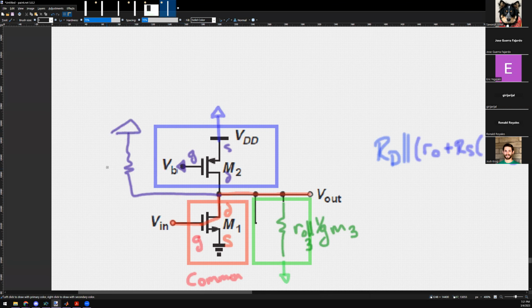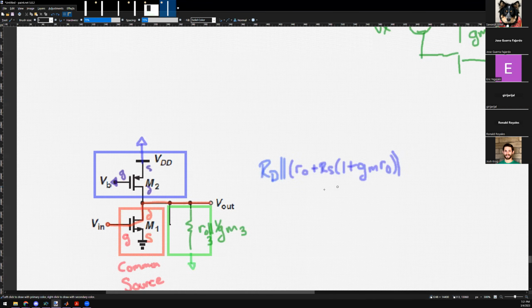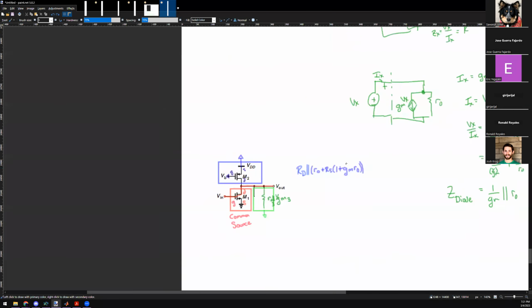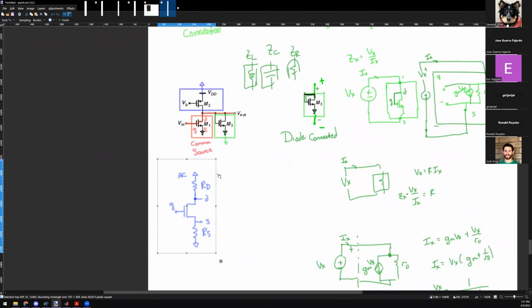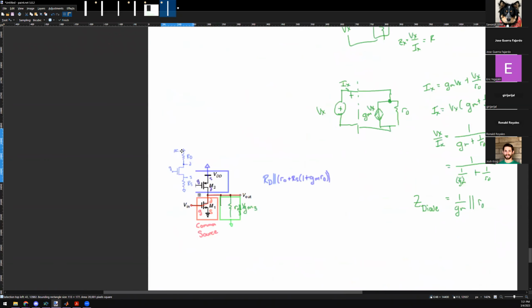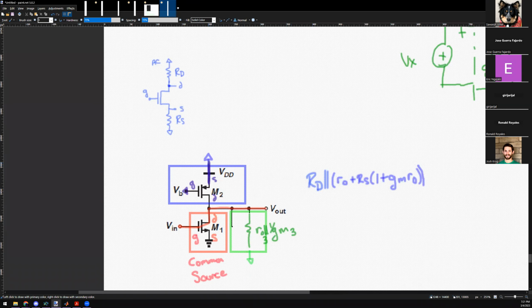But there is nothing in parallel, so it's infinite, and you can just ignore it. So this is the key section. RS is the source resistance. What is RS for this guy? What is the impedance from the source to ground?